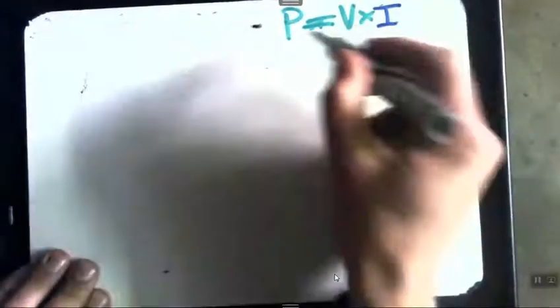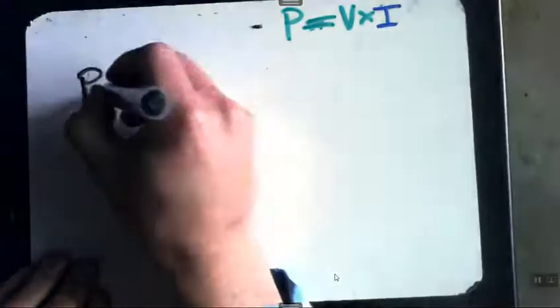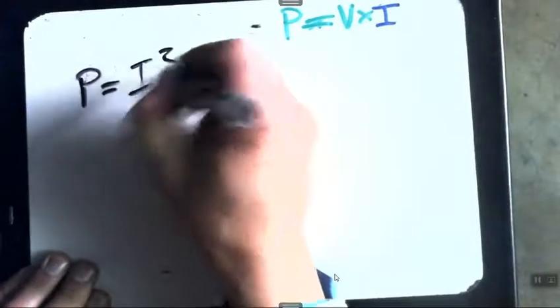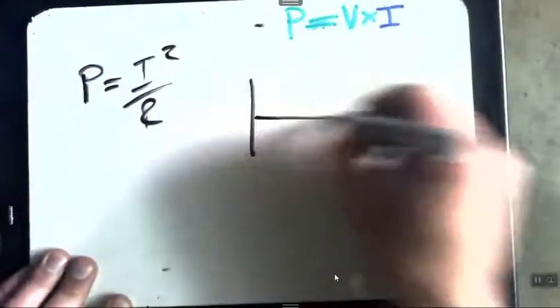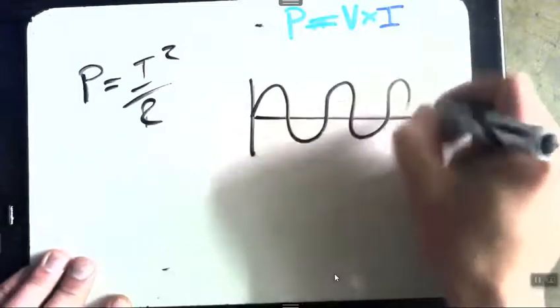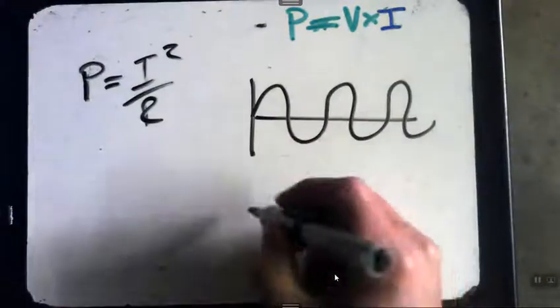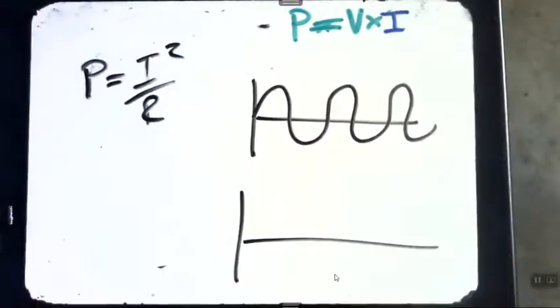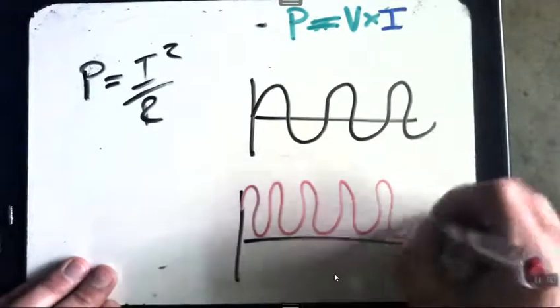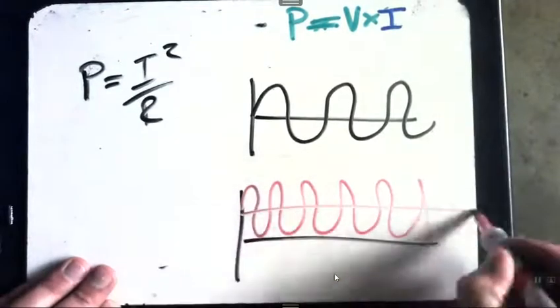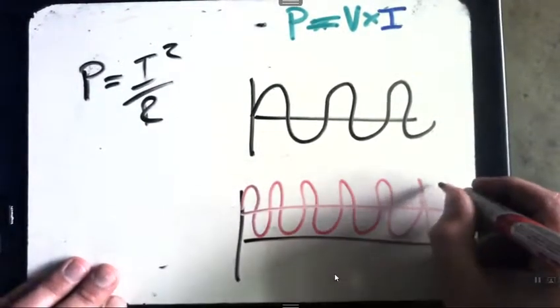We know that P is I times V, but I can say that it is I squared times R as well. Now, my current goes to positive and negative. If I square my current value, I get an only positive graph. And if I take the average of that, this is my average.